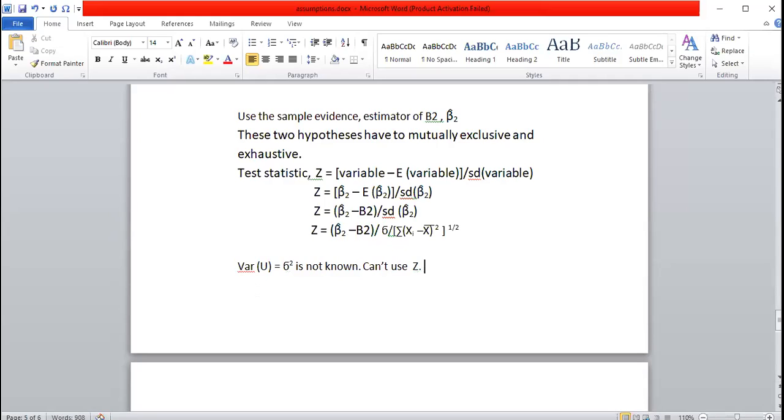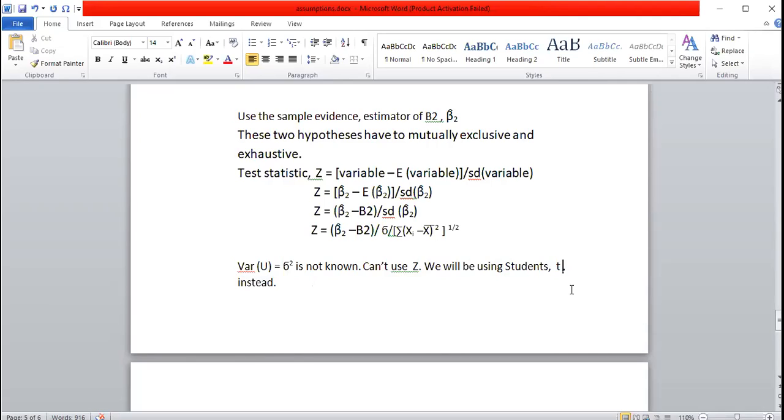In the next class, we will be using T. Remember, we talked about T at one point. Student's T. Yes, Professor. So instead of Z, we will be using Student's T distribution. Next class we will be learning T, and you be ready with your tables.